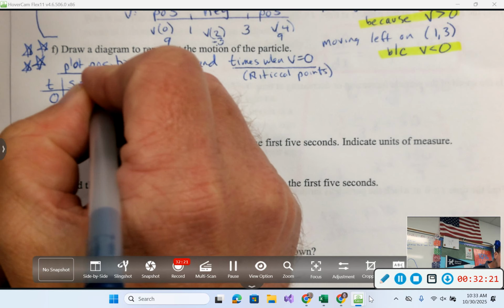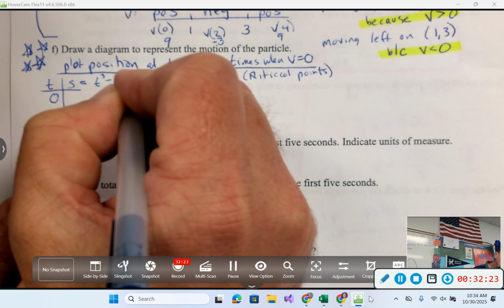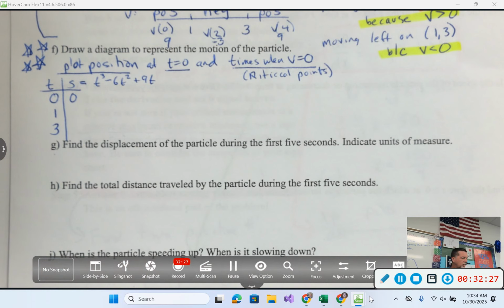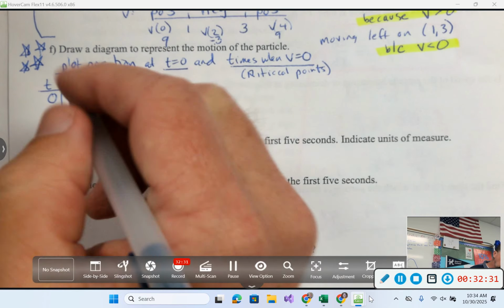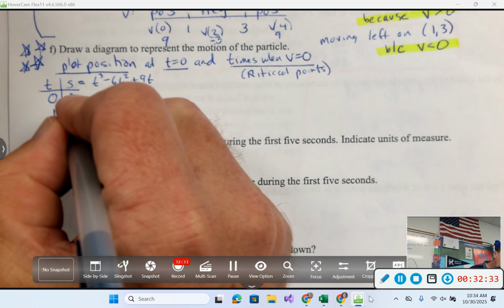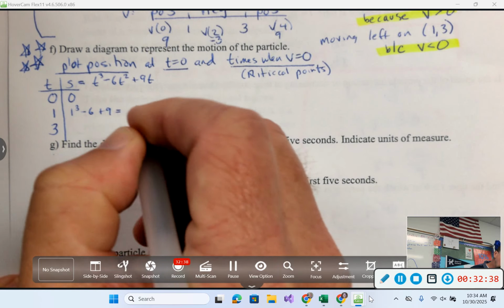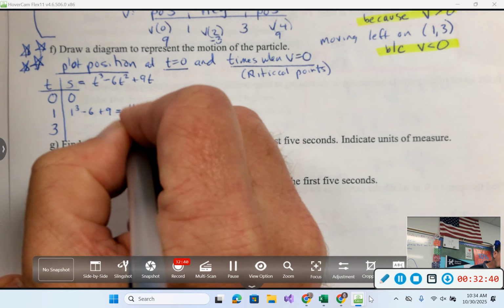S was t cubed minus 6t squared plus 9t. So S of 0 is 0. That's the easy one. S of 1, 1 cubed minus 6 plus 9. That would be 4.